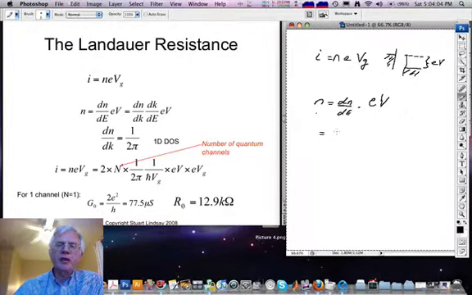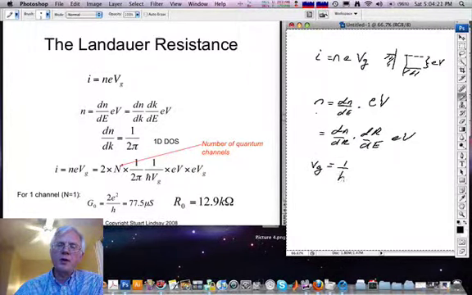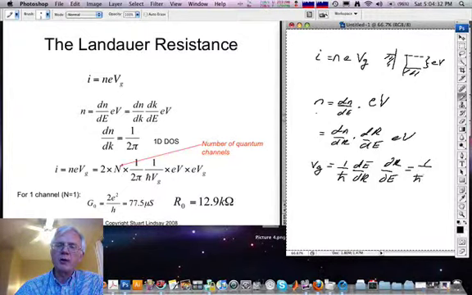We can play a trick here and write dN/dE as dN/dk times dk/dE times eV. But remember that the group velocity is given by 1 over h bar dE/dk. So dk/dE is just equal to 1 over h bar vg.